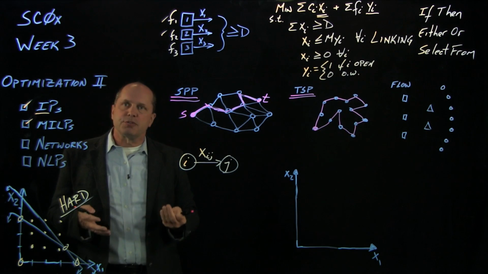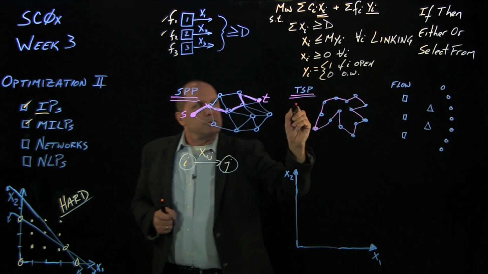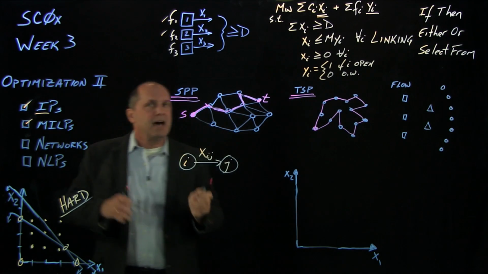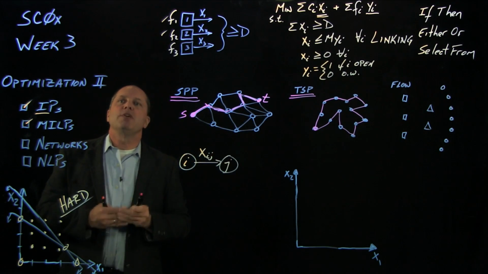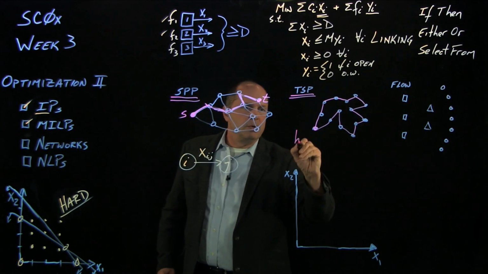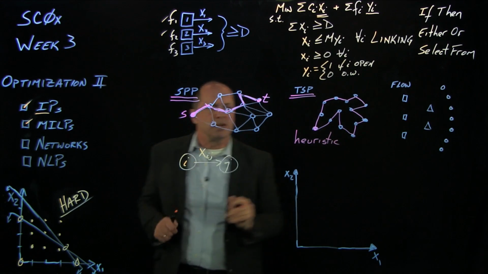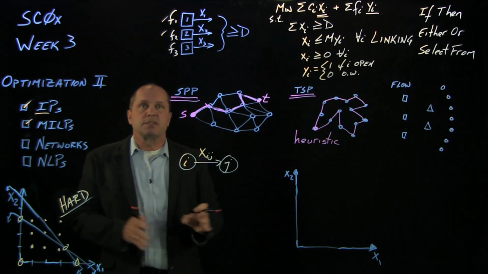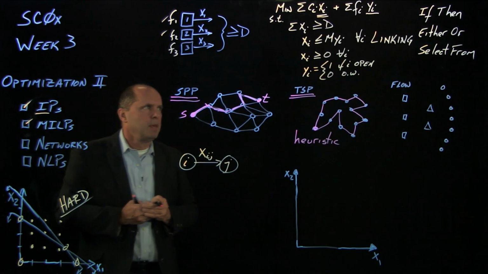Think of any postal service or anything that goes to many stops. So what we'll do is we'll show how to solve this problem, not optimally because it gets very hard very fast, but we'll introduce heuristics. And what heuristics will do is they'll show a quick way to get an okay solution. So we'll talk about different heuristics that you can use for this problem, just to introduce the concept of heuristics.